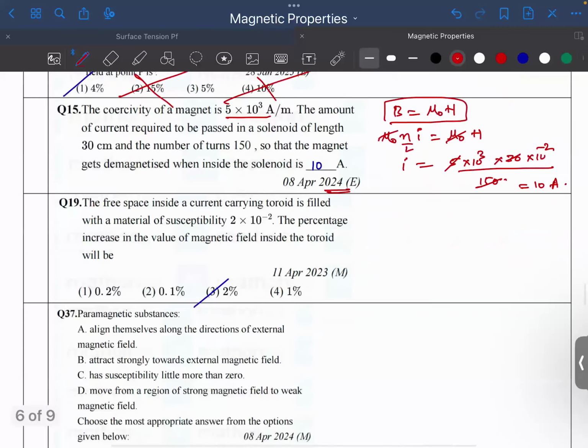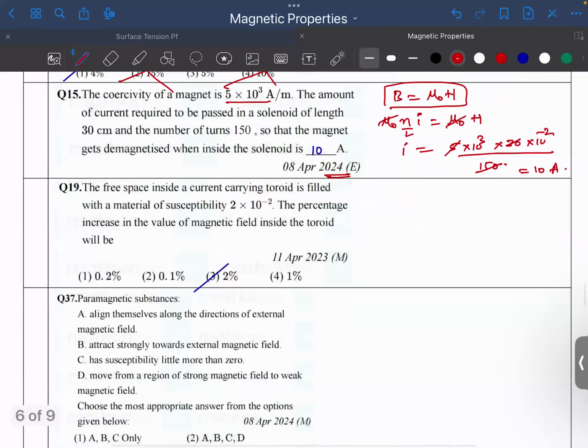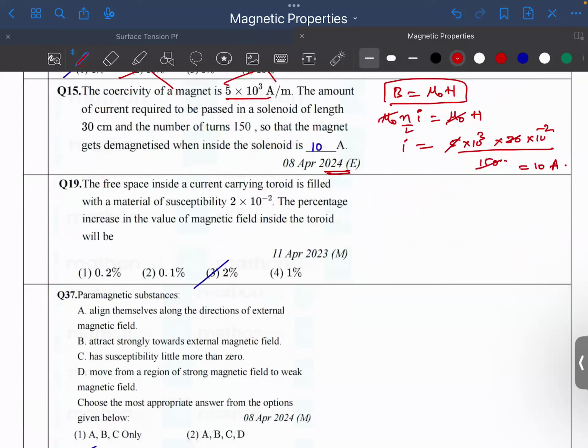నెక్స్ట్, the free space inside a current carrying toroid is filled with a material of susceptibility so and so. అది paramagnetic material అయి ఉంటుంది. The percentage increase in the value of the magnetic field inside the toroid: B is proportional to mu R. So delta B by B is same, mu R minus 1 by 1.